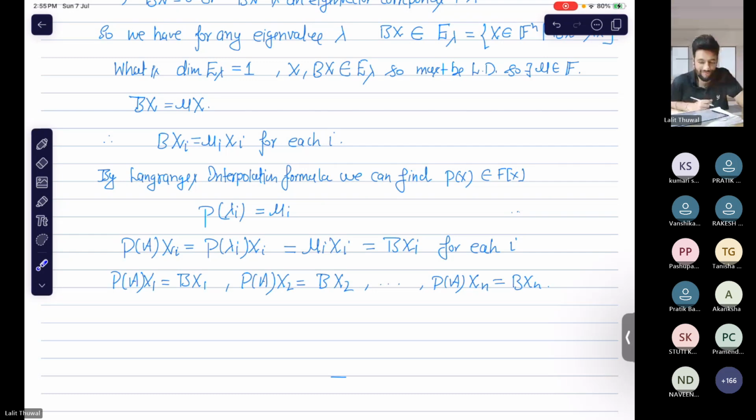PAx is equal to Bx for all x belonging to Fn. Right, important. Why? Since the xi are a basis of Fn. Very good.